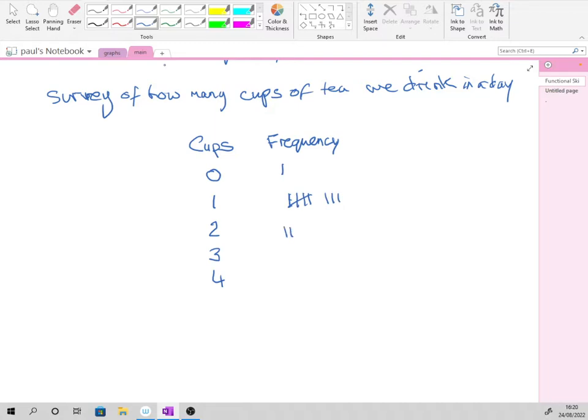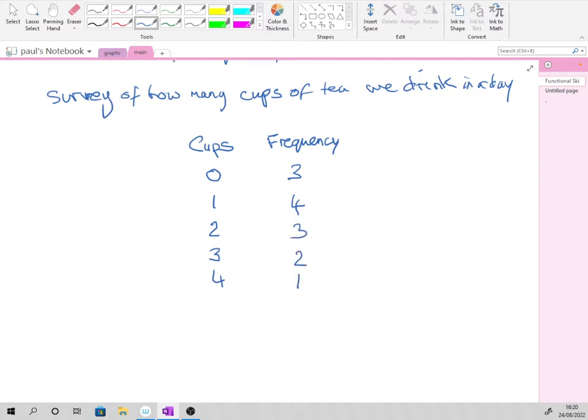So I'll change this tally chart, tally count, into proper numbers, because after all it would be in a table, wouldn't it? So we'll say 3, 4, 3, 2, and 1.